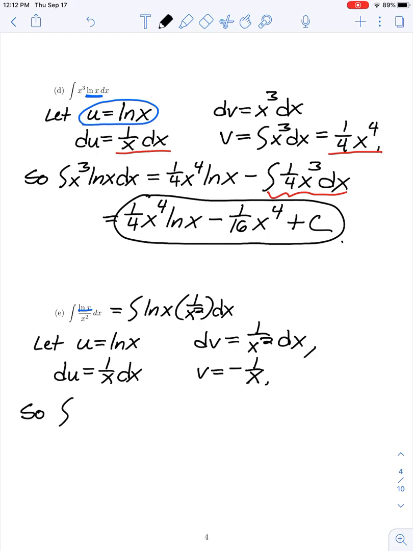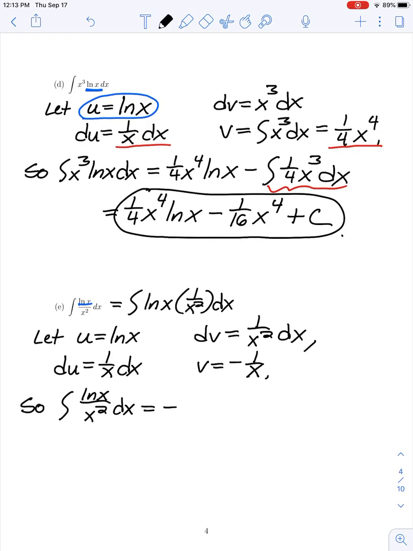So applying the integration by parts formula, the integral of log x over x squared dx is equal to u times v, which would be negative natural log of x over x, minus the integral of v times du.